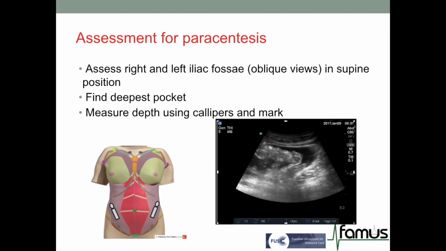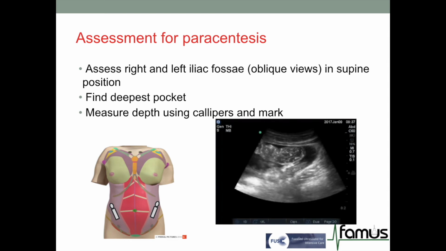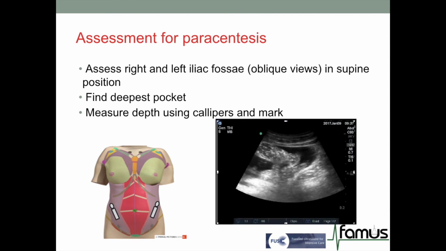In this case, we will continue scanning along the flank and in the paracolic gutter to identify the biggest pocket of fluid, and then we will possibly, using the caliper, measure how deep this pocket of fluid is and how deep we would be encountering the first intestinal loop in order to safely insert the needle or the drain.